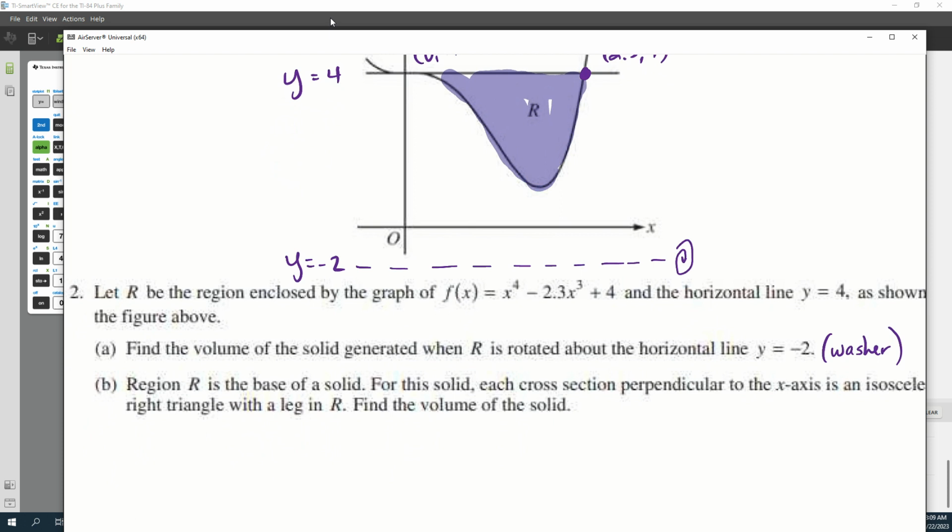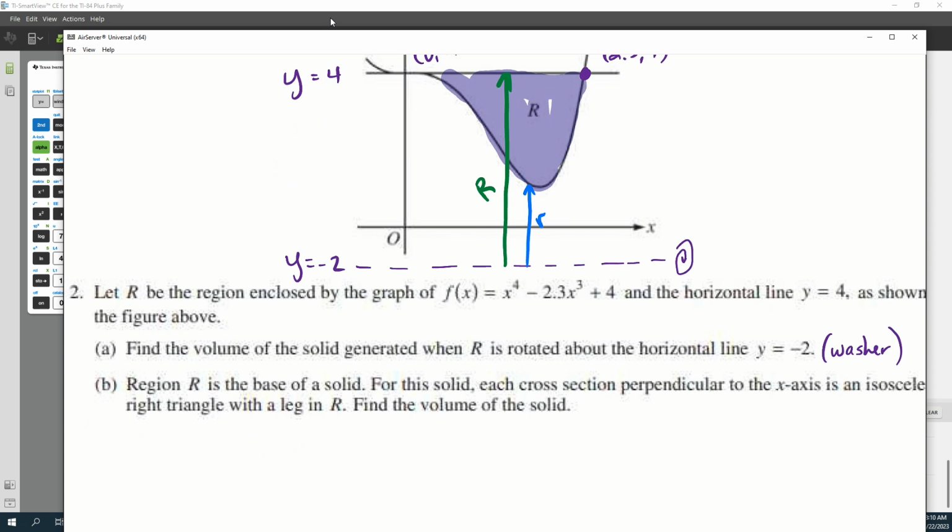All right. And so on washers, we have the outer radius and the inner radius. So I like to go ahead and draw it from my axis of revolution. Now, I'm not sure about this.